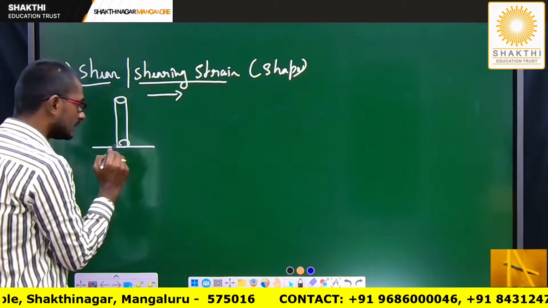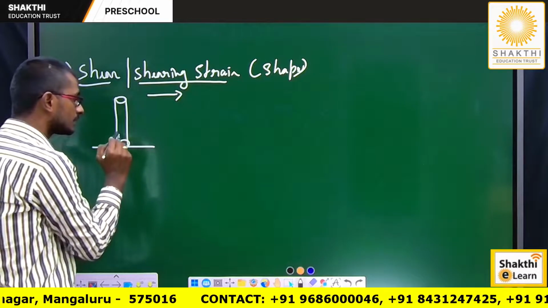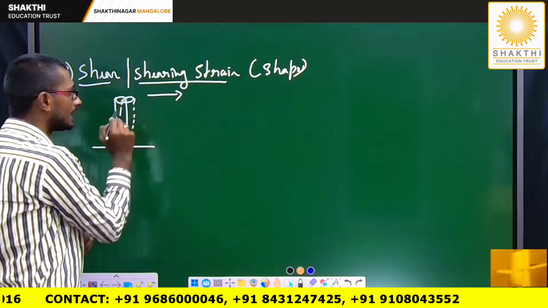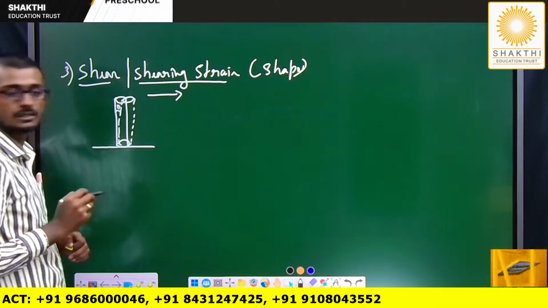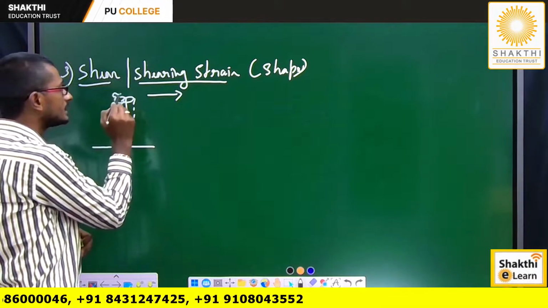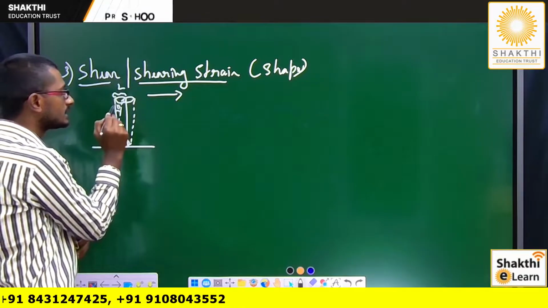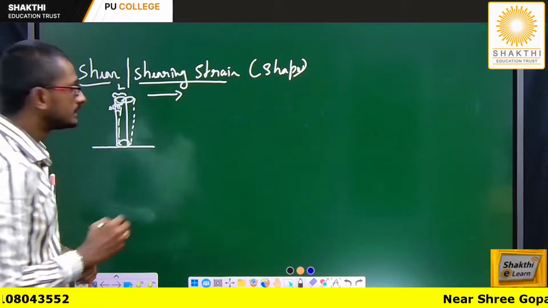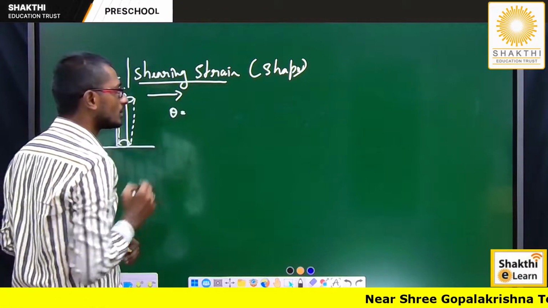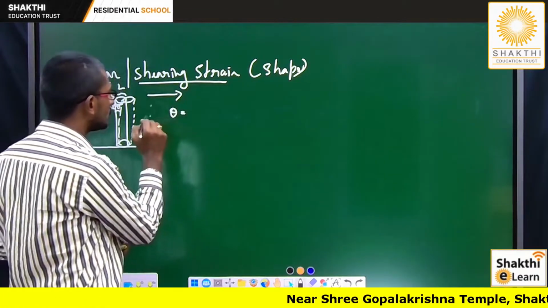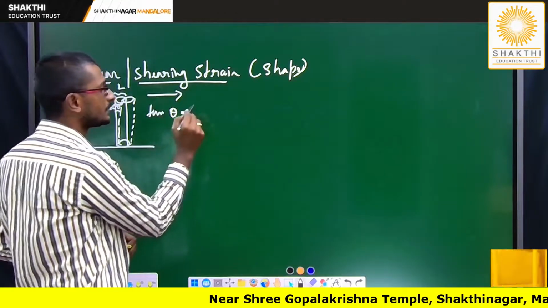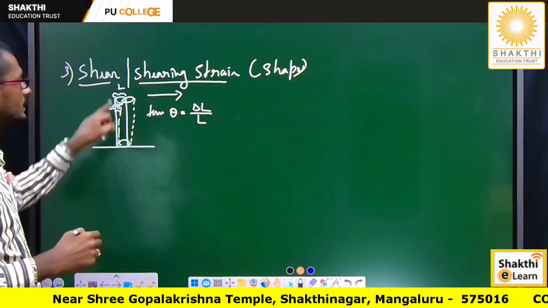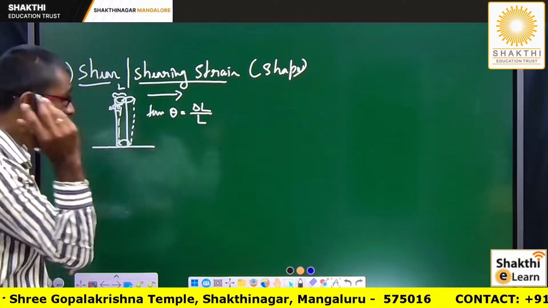That means the top face is displaced, so it makes one angle here. This is theta. Initially I can take this as L, and this displacement I can take as delta L. Then tan theta is delta L by L. You know the trigonometric function, correct?